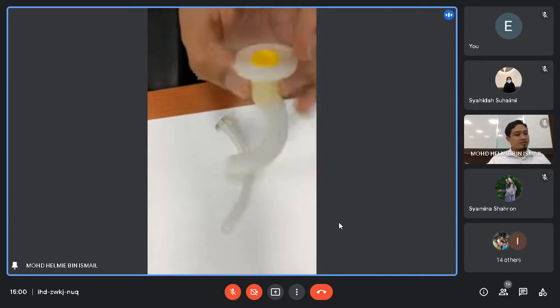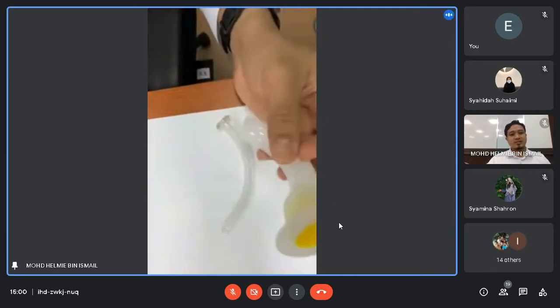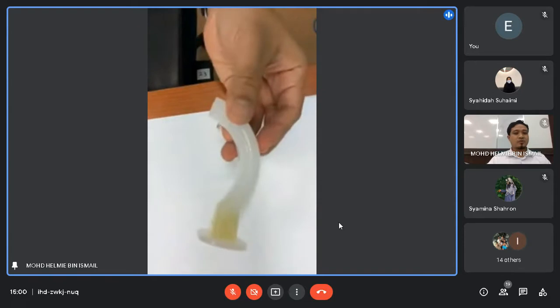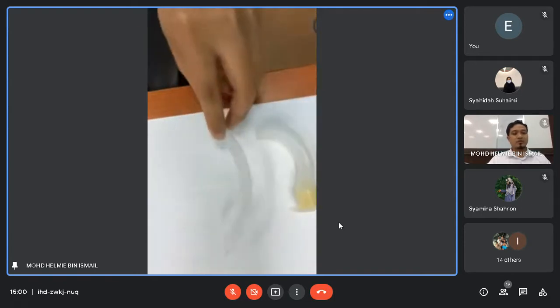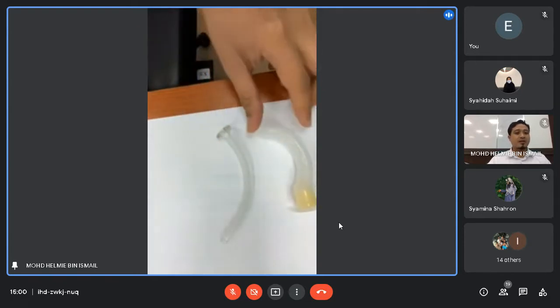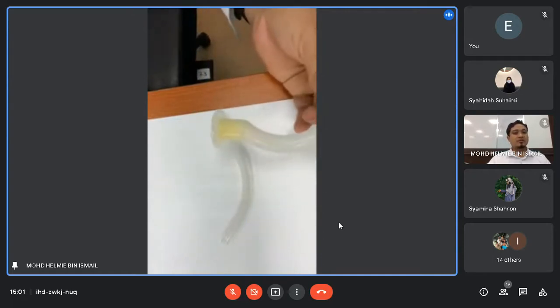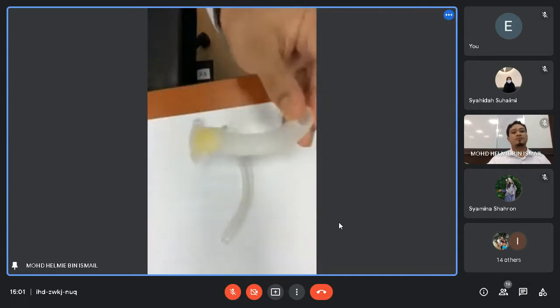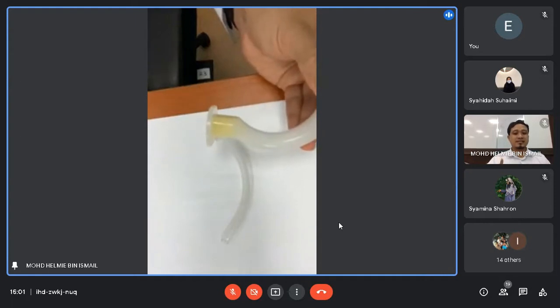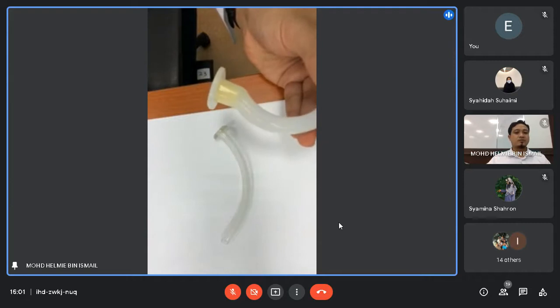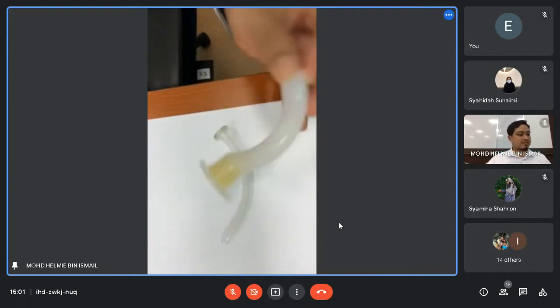Alright. So you need to recognize this. These are airway adjuncts. So you have the OPA and also the nasopharyngeal airway. For the OPA, how to measure: heart to heart and soft to soft. Heart to heart is incisor to angle of mandible. Soft to soft is angle of the mouth to tragus.